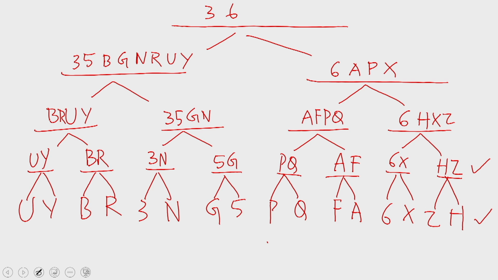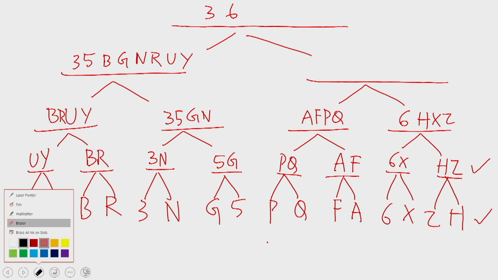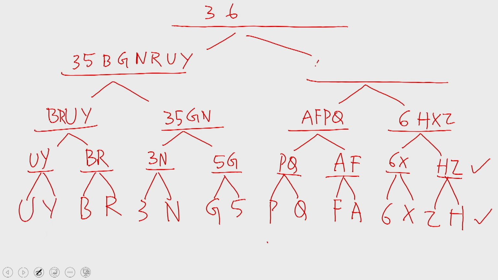AFPQ and 6HXZ merged will form the cache which will replace 6APX. So, 6APX will be replaced with 6AFHPQXZ. With this, the second level is also done.